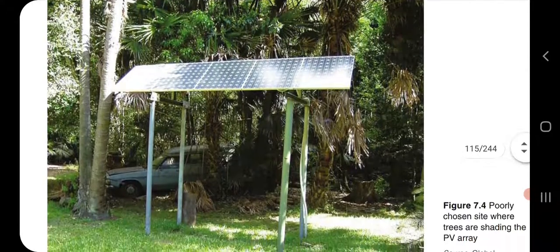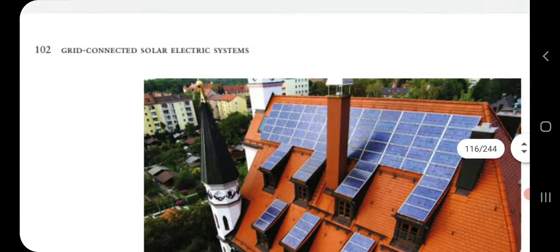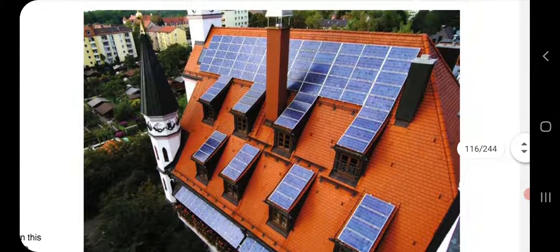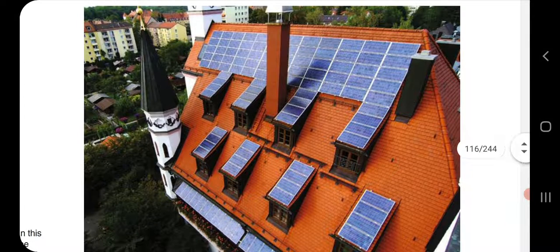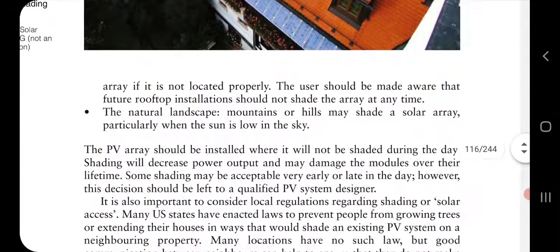If you see this particular module, trees are nearby, so it cannot produce maximum efficiency. And if you see another building, in this building there are installations. The problem is the chimney, which is at the side of the solar modules. The shade is falling on the solar arrays, so efficiency decreases.